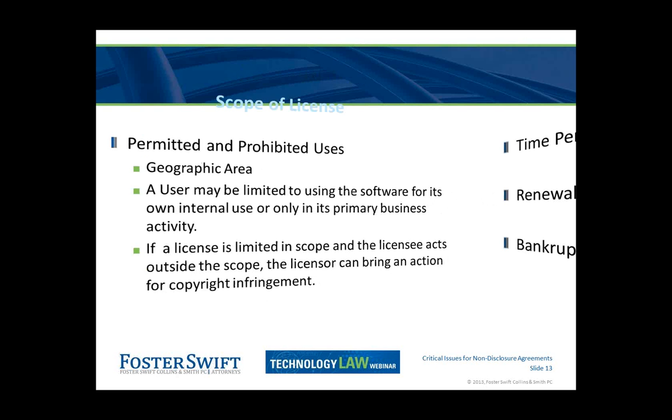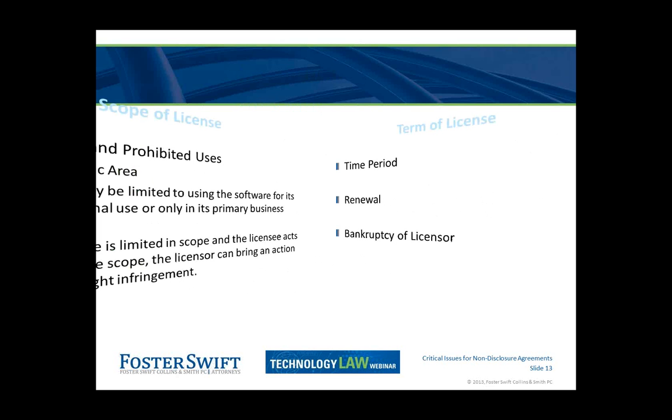So after you've figured out what is the appropriate scope, then of course you need to determine the term. If you're on the developer side, this is a pricing issue. You want to figure out how long you want to give access to the software based on the price. If you're on the user side, you really want to evaluate how long your business needs this software.